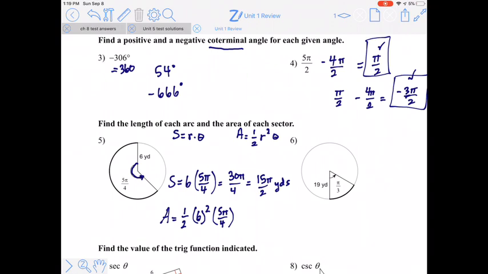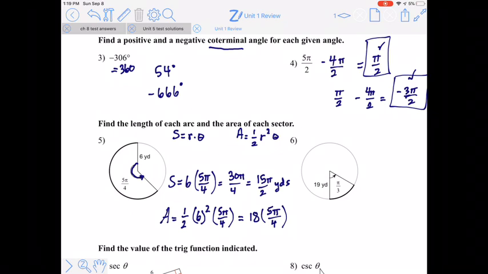So 6 squared is 36. Half of 36 is 18. So this is 18 times 5 pi over 4. Then 18 times 5 is 90.